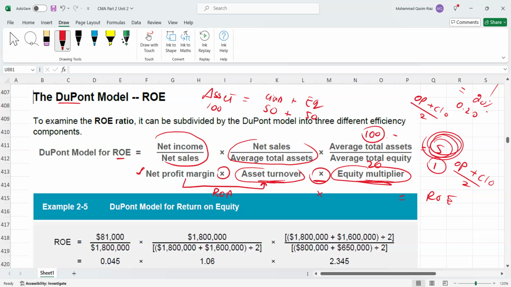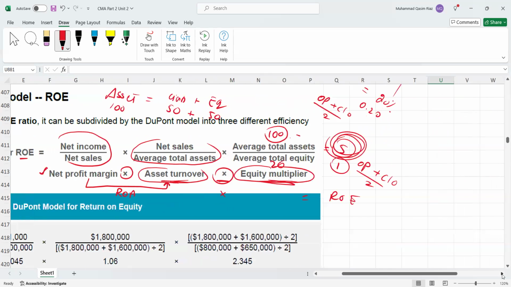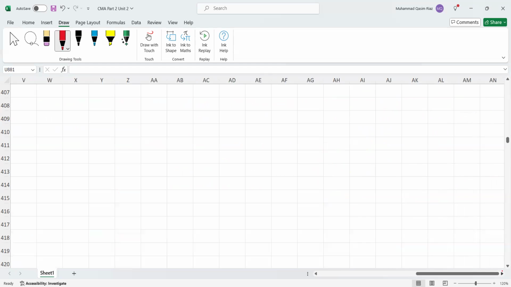Now, let me revise all these three things in summary. For return on asset, we have two formulas. One is a simple formula, and the second is the DuPont model. In the simple formula, return on asset is net income divided by average total assets.